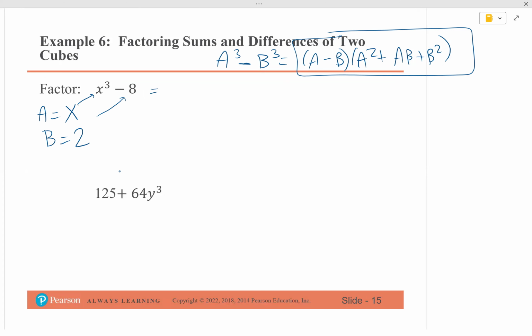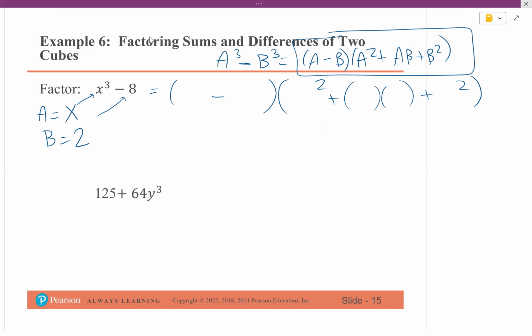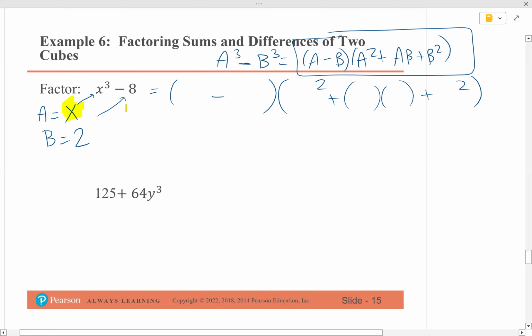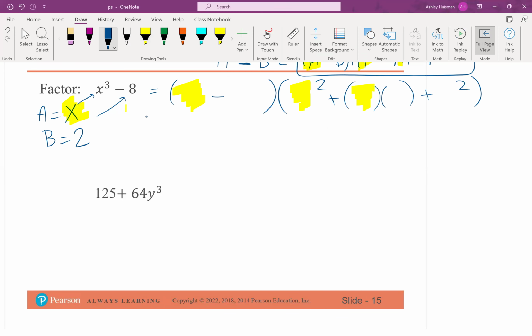I'm just going to rewrite this formula, a minus b, but leave the a and b out. A minus b times a squared plus a times b plus b squared. And I'm going to fill in every a from that formula with x, and every b from that formula with 2. There were a's here, here, and here, but I'm going to replace a with x, because in my particular example, I have an x.